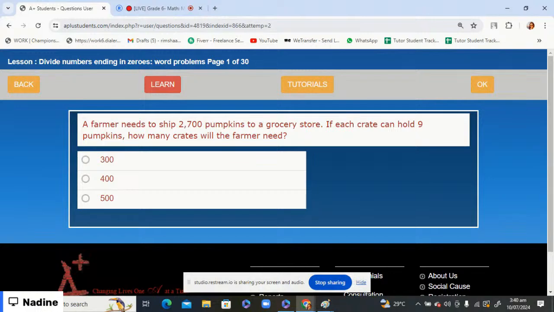A farmer needs to ship 2,700 pumpkins to a grocery store. If each crate can hold 9 pumpkins, how many crates would the farmer need? 2,700 divided by 9. First of all, you're going to divide 27 by 9.